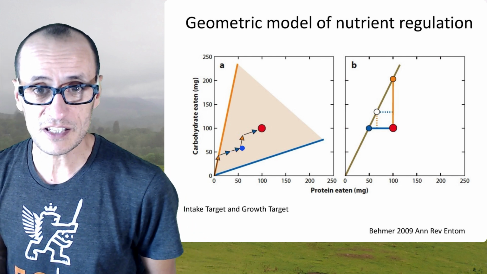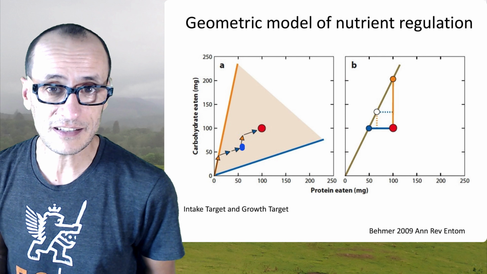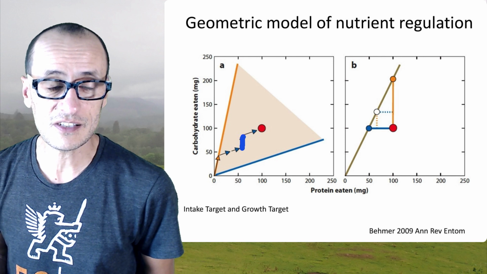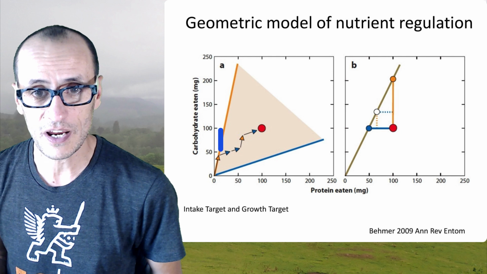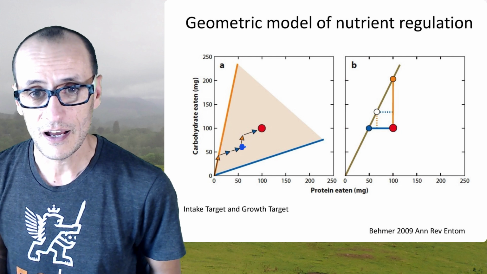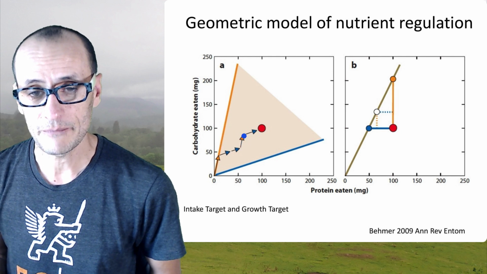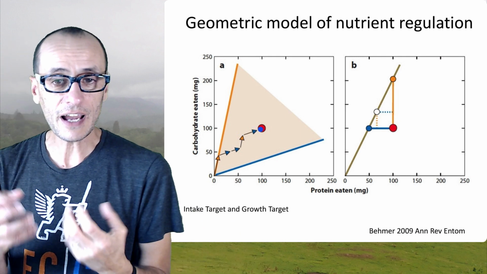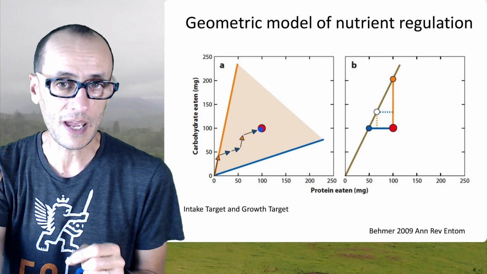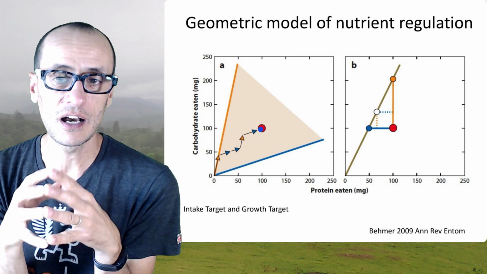If they were to switch at this point back to the orange plant, then their increase in carbon and nitrogen would increase at this rate here, with this slope here, and they would follow this trajectory. And so by flipping back and forth, they can basically mix their diets so that they can track their way to that idealized ratio.